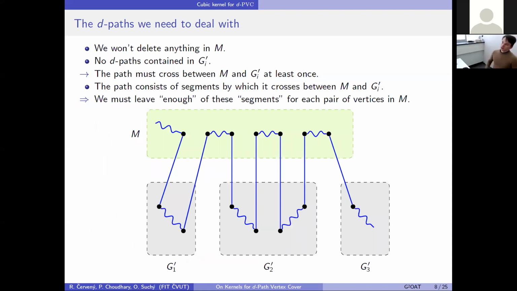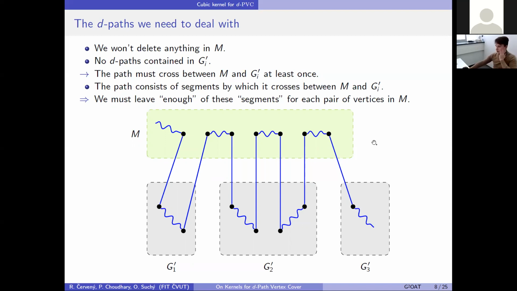So what are the d-paths that we need to deal with? We are not going to delete anything in the packing that we have found. And there are no d-paths contained strictly outside the packing. Yes, the G prime sub i are the components outside the packing. So the paths that can be problematic for us must cross between the packing and outside the packing. And it may look like this.